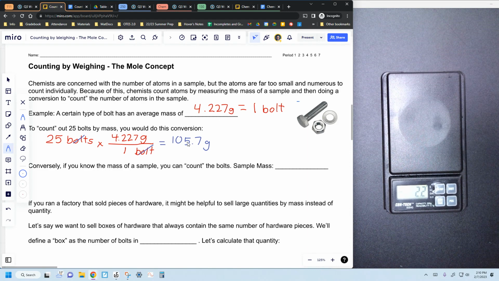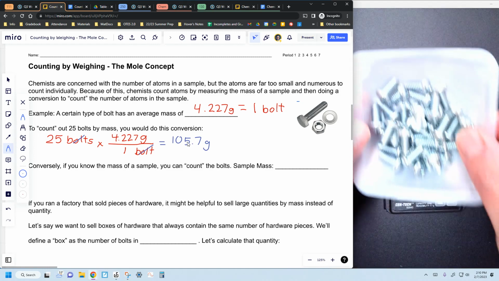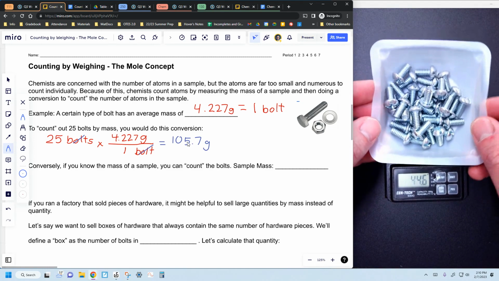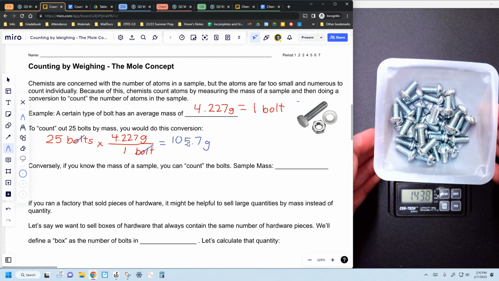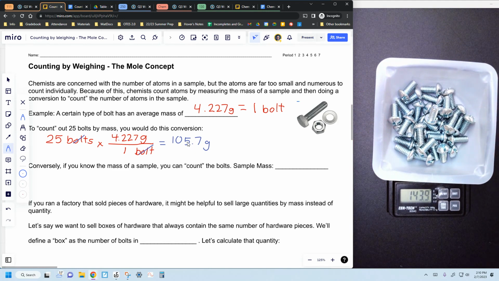Okay, 143.8. That's my sample mass that I'm going to put here.